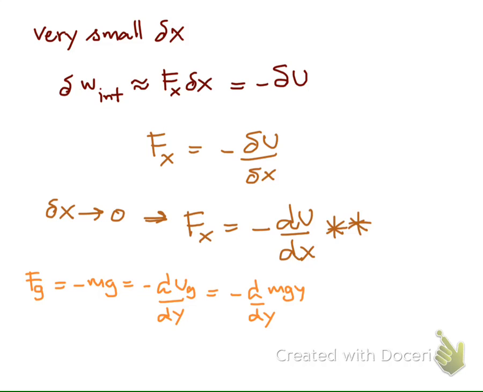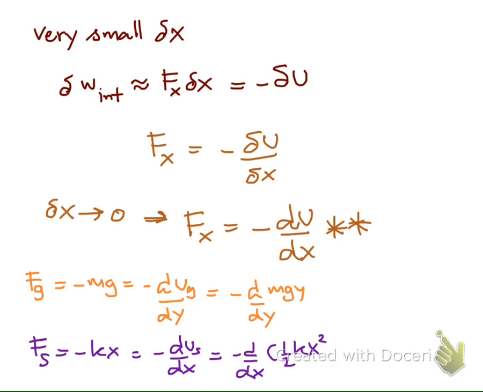We also have the force from the spring, which is equal to minus kx, and is equal to minus dUs by dx, which is equal to minus d by dx of one half kx squared.